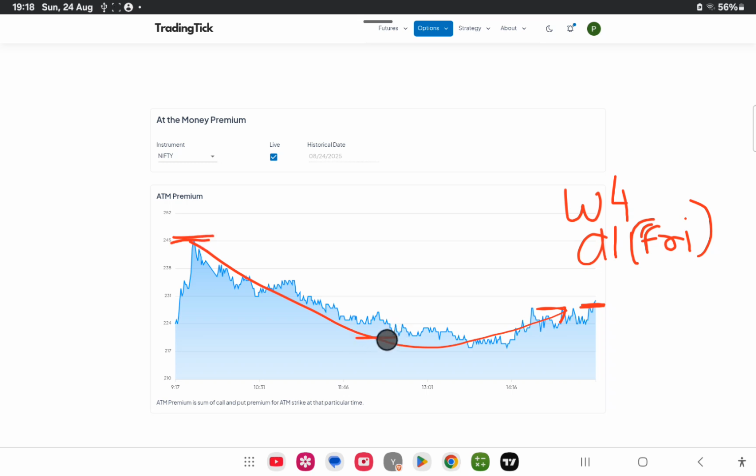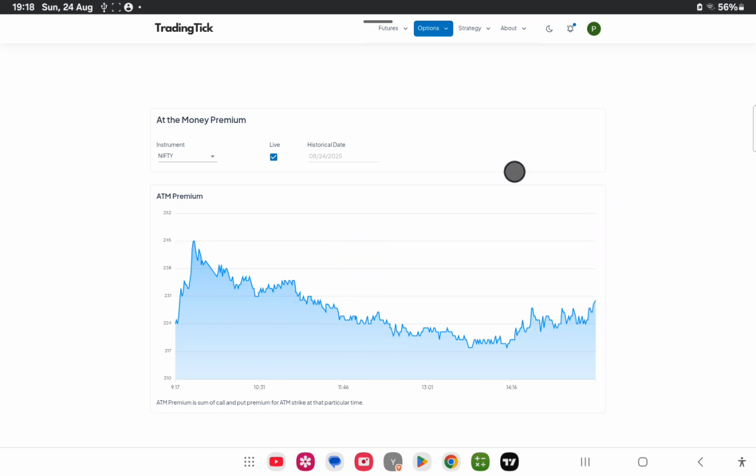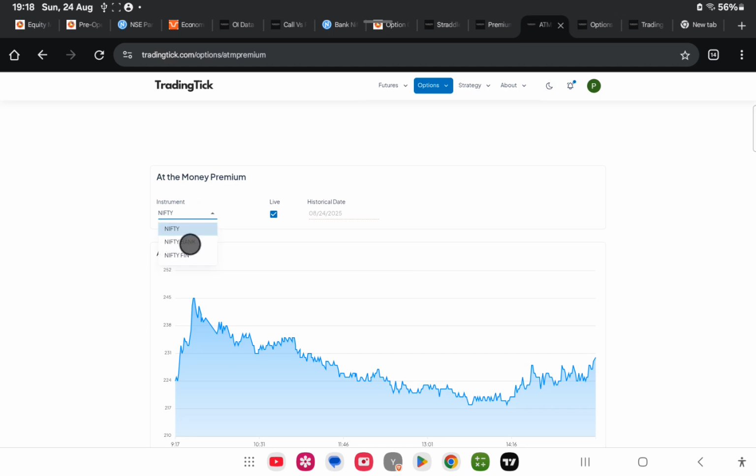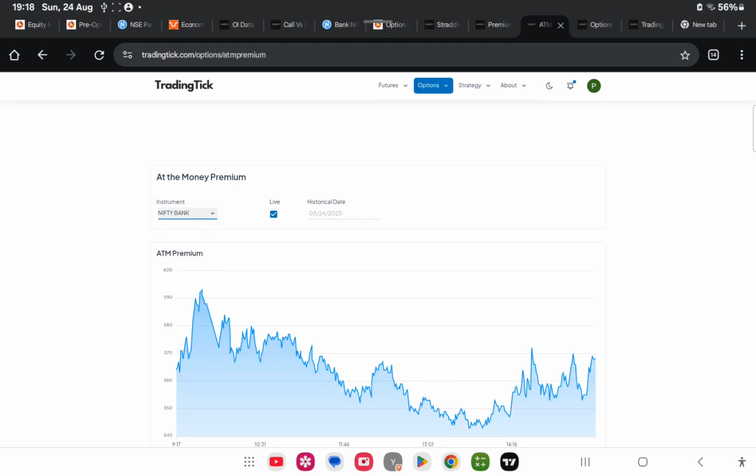So here ATM was fully favorable for short straddle sellers, not for long straddle. Now we'll check for Bank Nifty. Bank Nifty is also very good, 590. So almost we have 3 days left, for which the 590, 600 strike is almost good, 300 on each side.